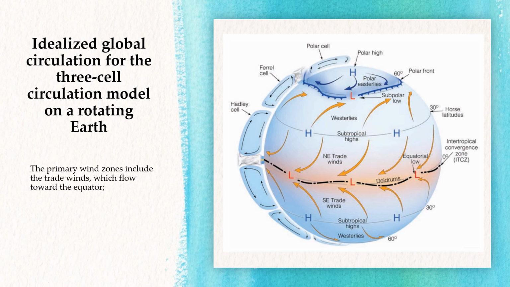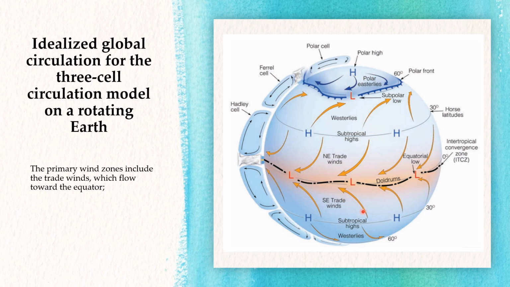And you have to remember the primary wind zones, including the trade winds, which flow toward the equator. Here are the northeast trade winds, because they come from the north and the east. The opposite of that is the southeast trade winds, because remember, they come from the east, right?